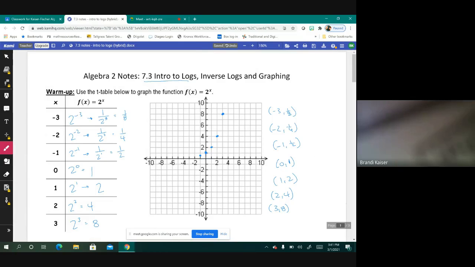If I have -2, 1/4, I need to go left 2. Again, 1/4 is somewhere in between 0 and 1, so I just need to plot it in between. I don't necessarily have to estimate what a fourth is, but if you want to, you can. Depends on how zoomed in you want to get. And for this last point, -3, 1/8, so left 3, 1/8 is also between 0 and 1. So we would plot it somewhere around there.